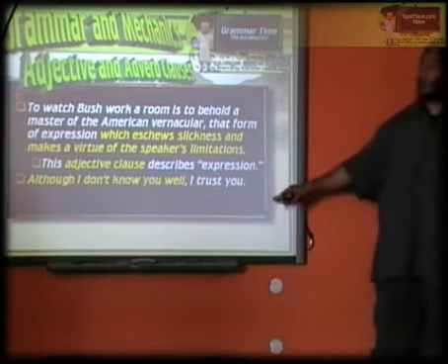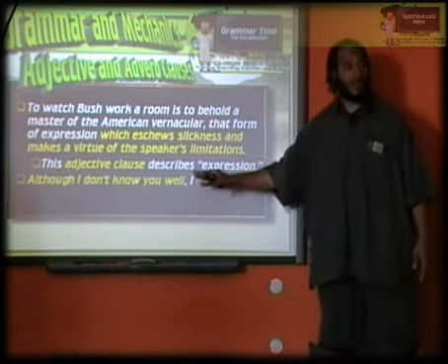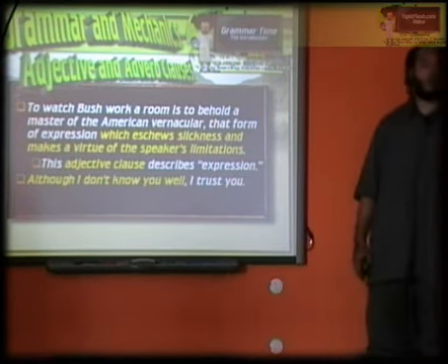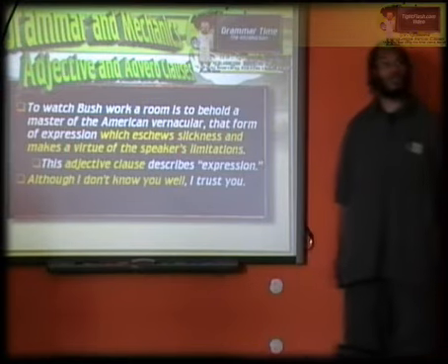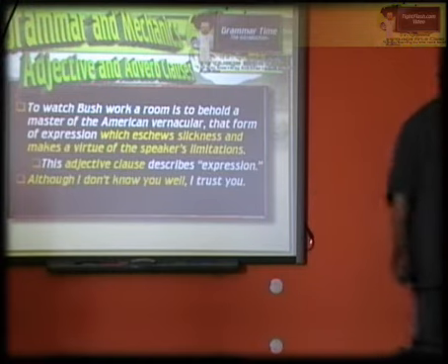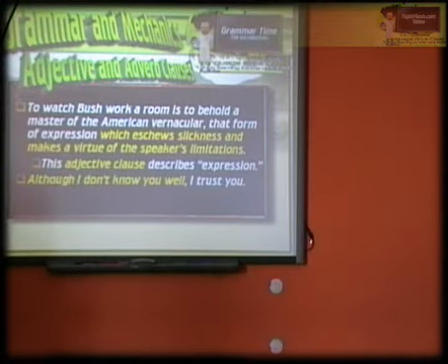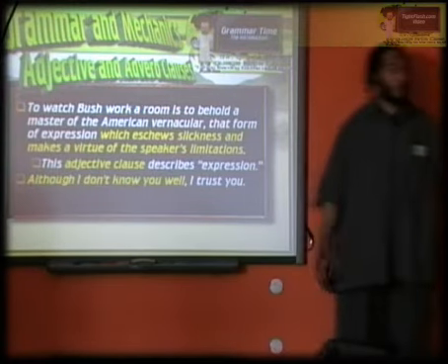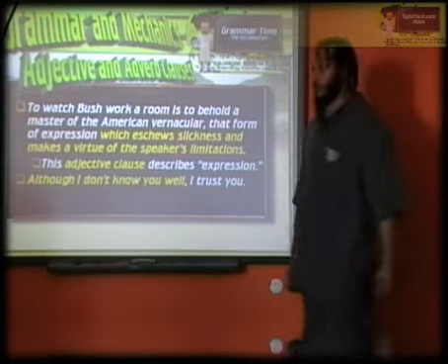Again, we know that the yellow is a clause. I want to know, is it a verb or an adjective clause? You say adjective? You say adverb? Why do you say adjective?